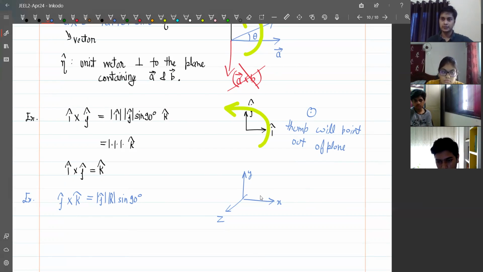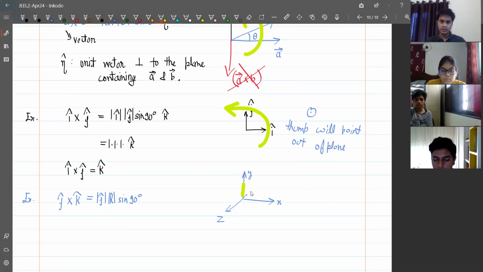What do you think, Vaishnavi? I cap. What about you, Kushagra? Any idea? See, अगर fingers curl करते हैं तो पहले मुझे J cap touch करना है.